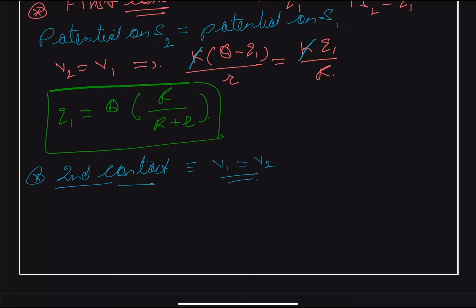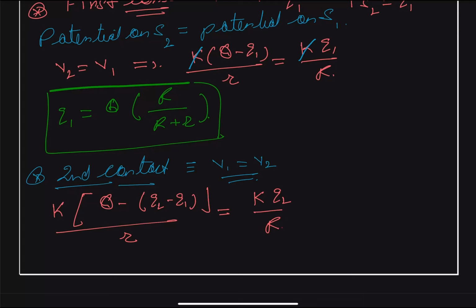So we can write that the equation will be now K times (capital Q minus Q2 minus Q1) divided by small r, equal to K Q2 divided by capital R.